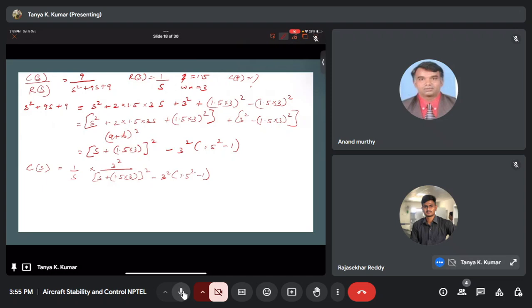So what we get here is a square minus b square, which is a plus b into a minus b, right?